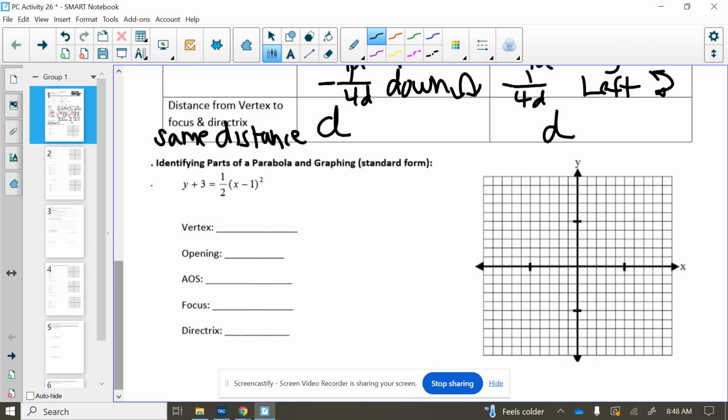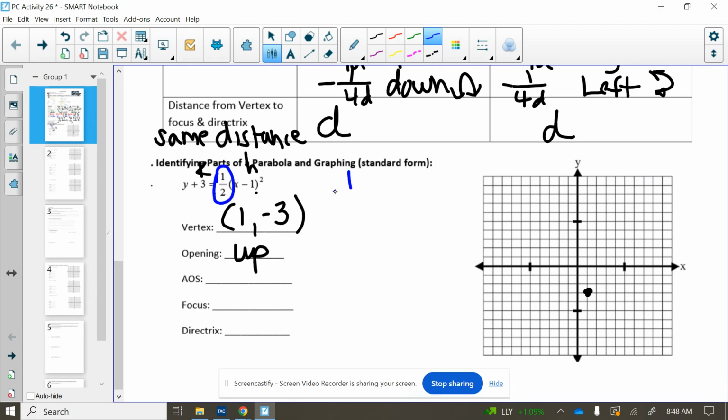So we have a vertex on this one at (1, -3). We have our h value with x, k value with y. This time we have an x that is squared and a positive value out front, so we know that this is going to end up opening up. Now our d value is the next thing we want to calculate.